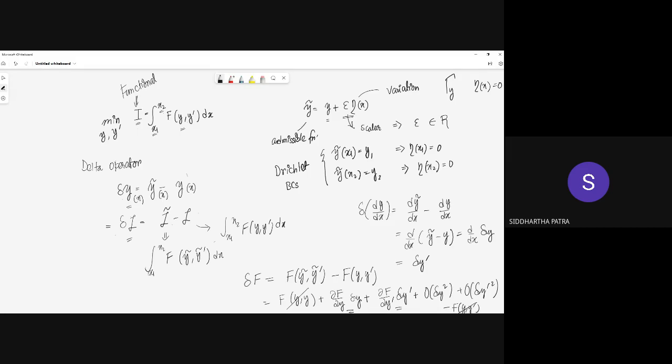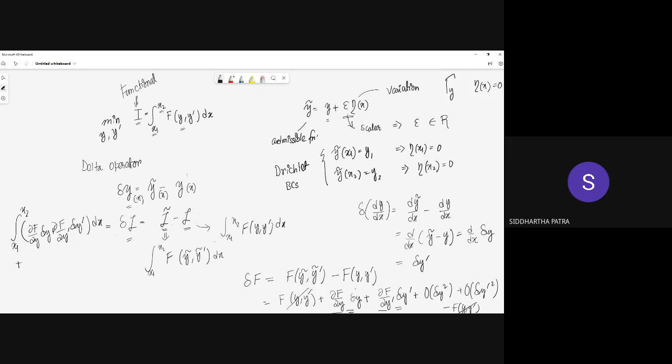So basically, I can write this to be integration x1 to x2 del f del y delta y plus del f del y prime delta y prime dx as the first term. And then I can also write, so I'm basically taking these two terms in the integration, because once I'm doing integration, so integration f y prime dx and integration f y prime dx from I tilde and I will cancel out.